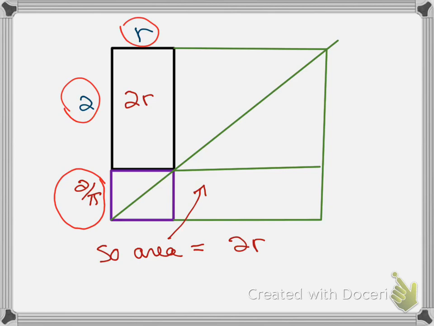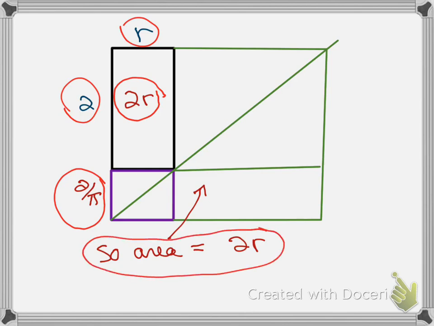Now remember how the application of area construction works. If your original rectangle has area 2r, then the newly constructed rectangle has the same area, 2r.